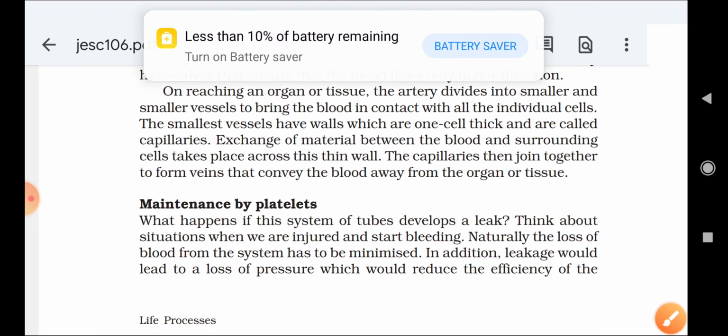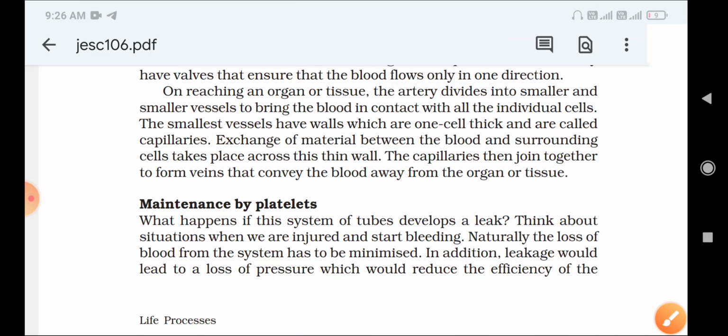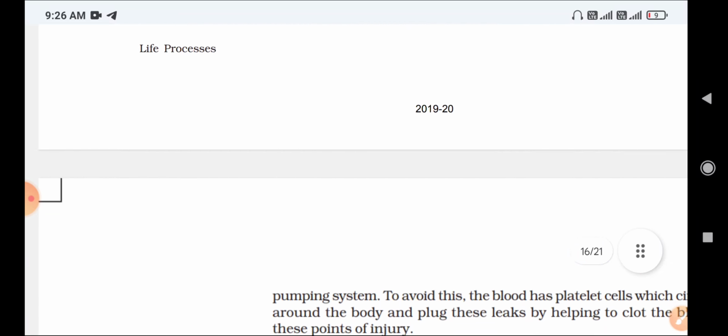The more blood that comes out of the body, the more the pressure decreases, which would reduce the efficiency of the pumping system.